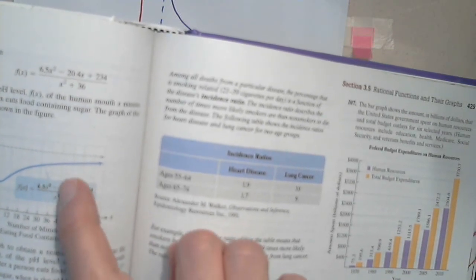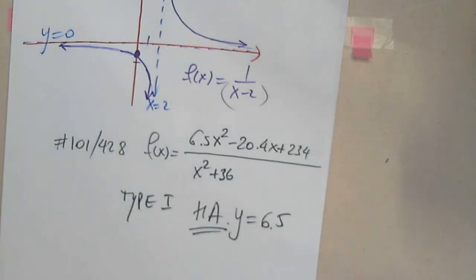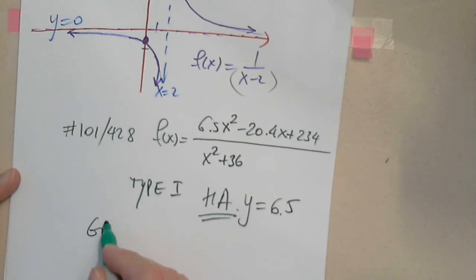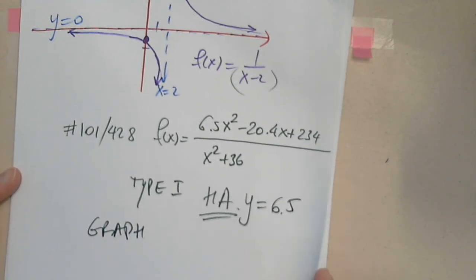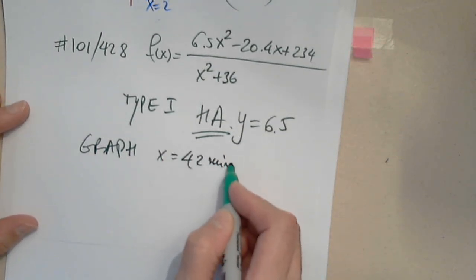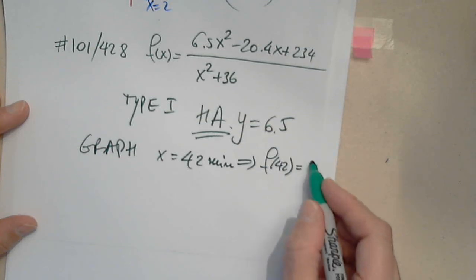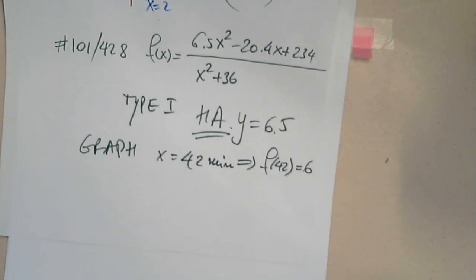So from the graph, x equals 42 minutes, f of 42 equals 6. pH level has no measurement unit.